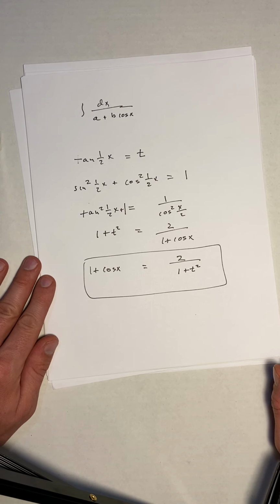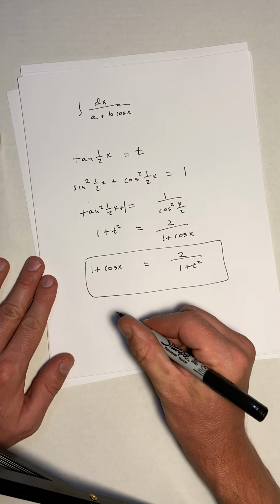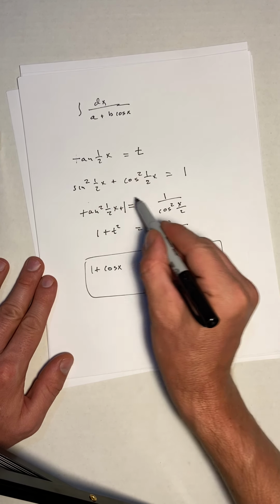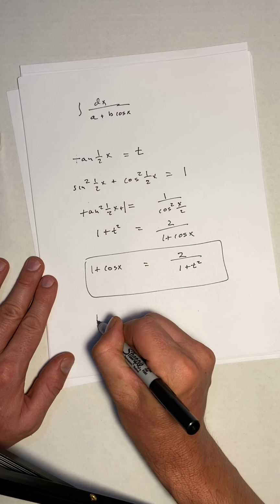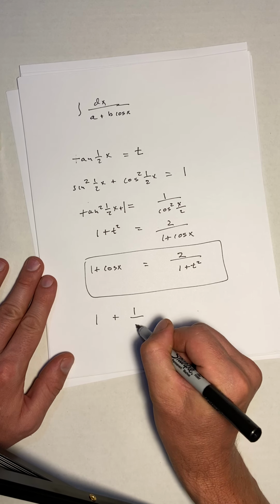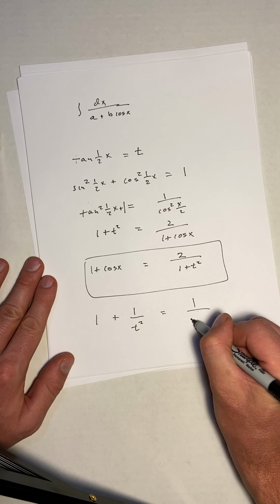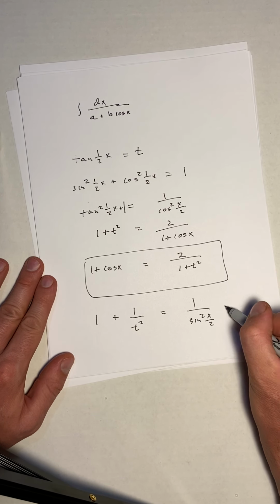Then I also know that if I divide through by sine squared of 1/2 x, I'll get 1 plus 1 over t squared is equal to 1 over sine squared x over 2.